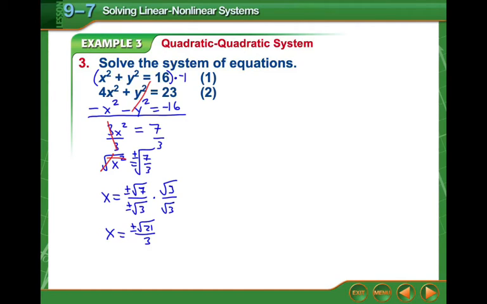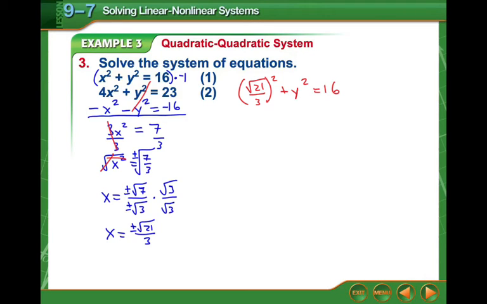So now we need to use that to find our y value. So we're going to plug that into the first equation, since that's the most simple equation. So that's a plus or minus. At this point, it doesn't make a difference which one we plug in first. So we'll just do the positive square root of 21 over 3, squared, plus y squared equal to 16.